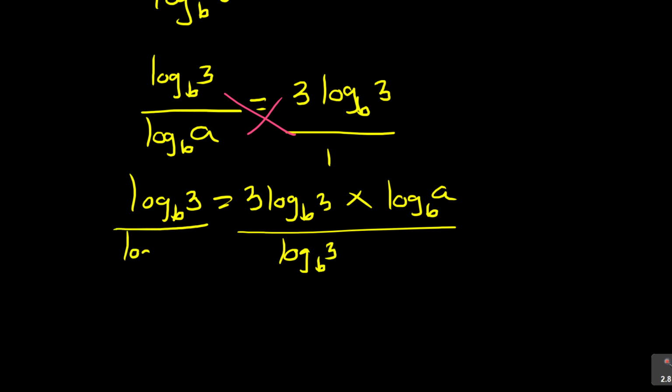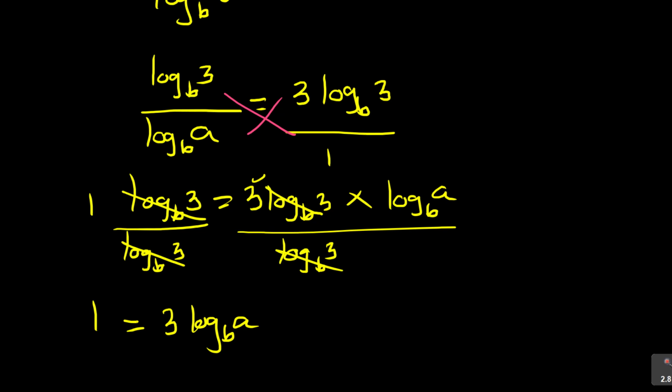See, it's common. So that this is 1. 1 is equal to 3 log base b of a, because the 3 remained there. See that it has simplified things.